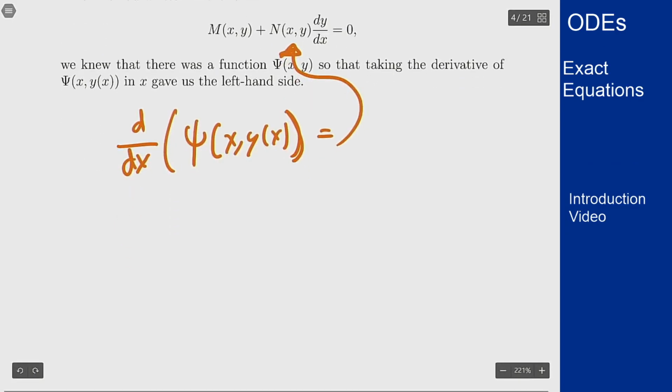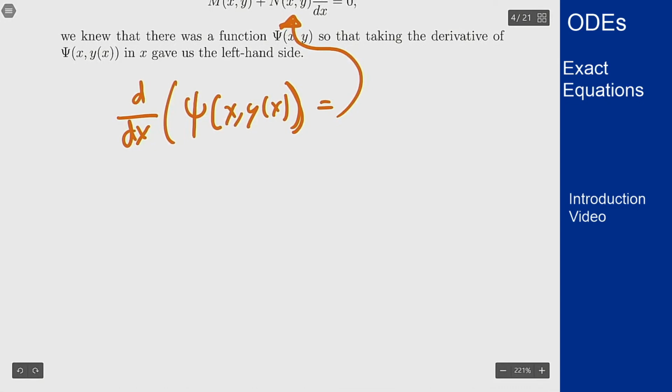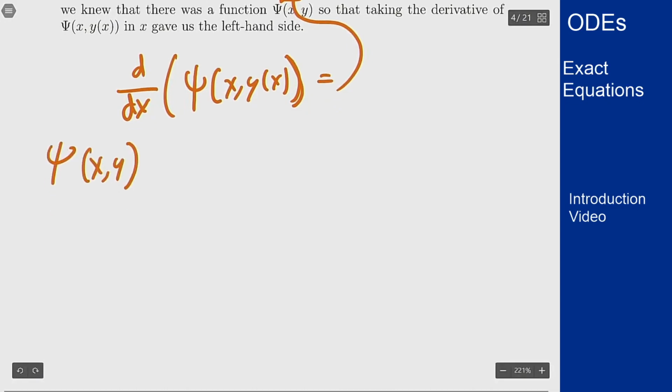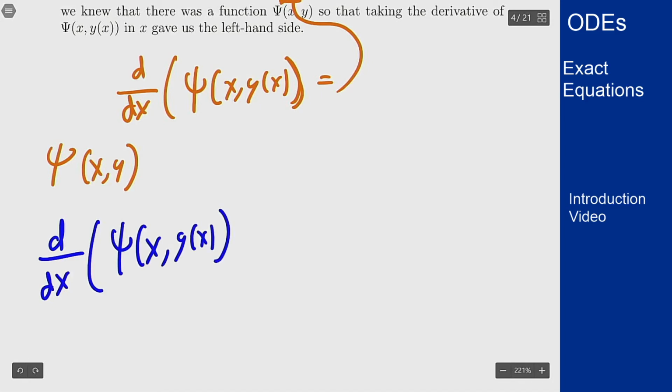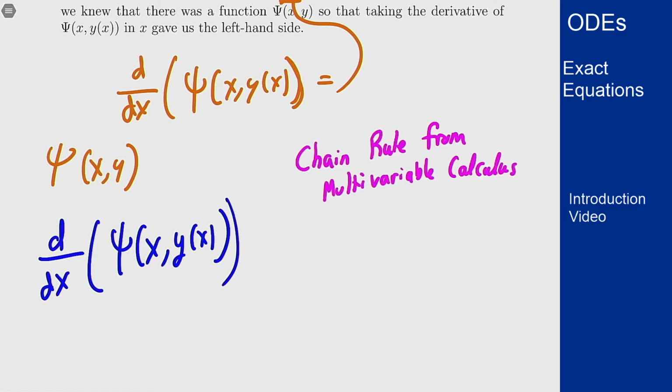What is this derivative here? If I'm considering the function psi of x, y by itself, and I want to look at the derivative in x of psi of x and this function y of x, how do I find this derivative? Well, this is the multivariable calculus chain rule, the tree diagrams where you're multiplying different derivatives by each other.